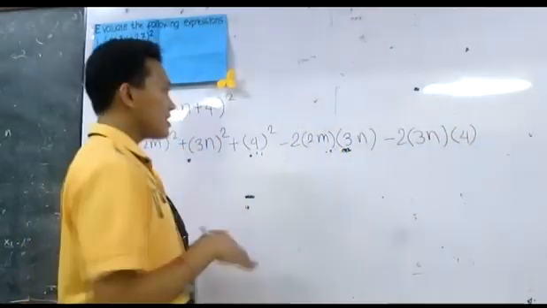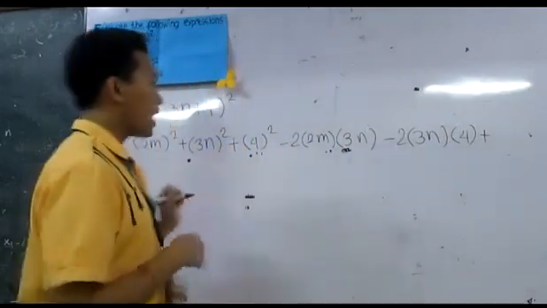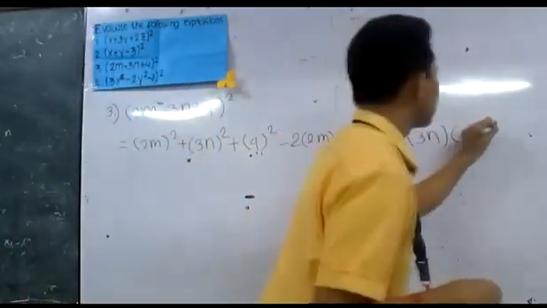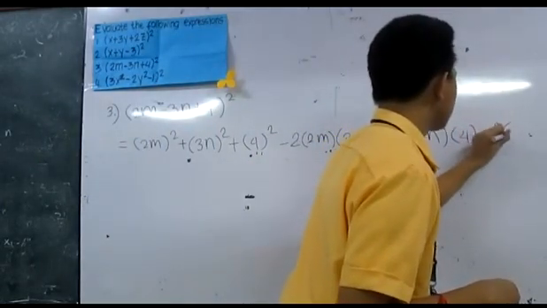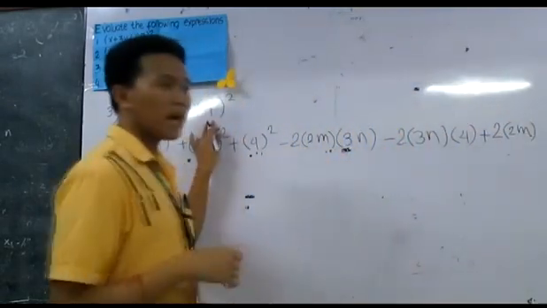And lastly, plus twice the product of the first term and the last term. 2 times 2m multiplied to 4.